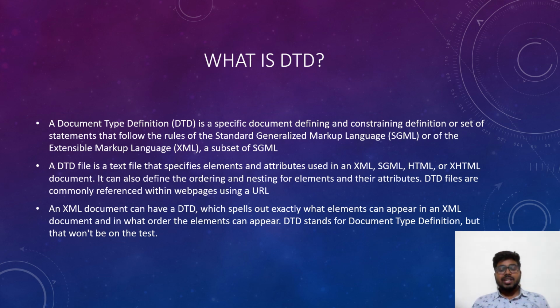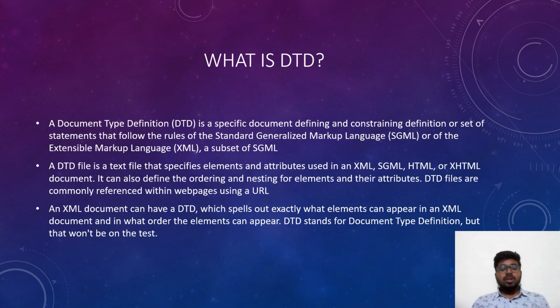A DTD file is a text file that specifies elements and attributes used in an XML, SGML, HTML, or XHTML document. It can also define the ordering and nesting for elements and their attributes. DTD files are commonly referenced within web pages using a URL.